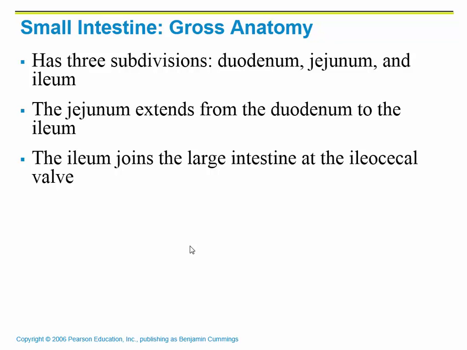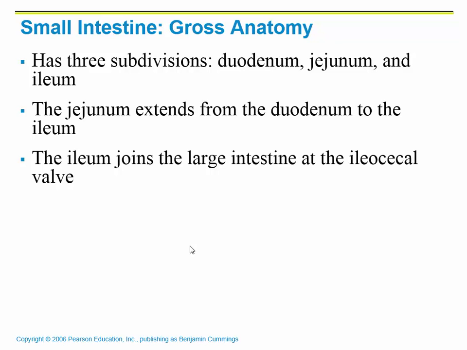Now once it goes into the small intestines, then we have a problem. So in the small intestines, we don't have that really, really thick mucosal lining. And so it can't take the hydrochloric acid, and chyme is very, very acidic. So when we're going to place the chyme into the small intestines, it has to be neutralized.